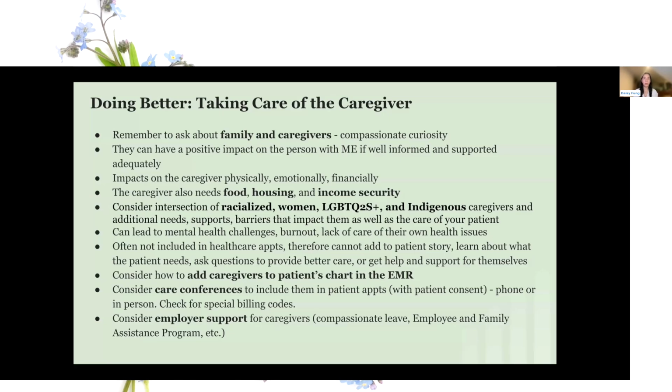We need to support them, keep them well too. There is work in our province too for trying to include caregivers in some way in the electronic medical record, the EMR, so that the entire team knows there are other people that we need to include in these conversations and in the care of our patient.